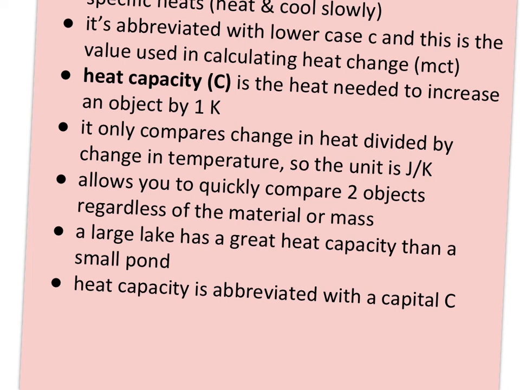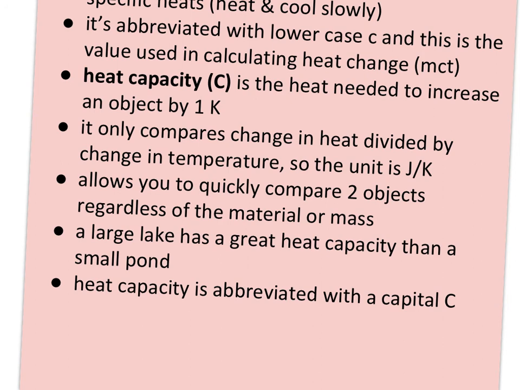It only compares the change in heat divided by the change in temperature, so the unit's going to be joules per Kelvin instead of joules or kilojoules like specific heat capacity. And it allows you to quickly compare 2 objects regardless of the material or mass. If you've got 2 objects side by side, you want to know which one has the better insulating qualities or the better conductivity qualities, you just heat them up and see.